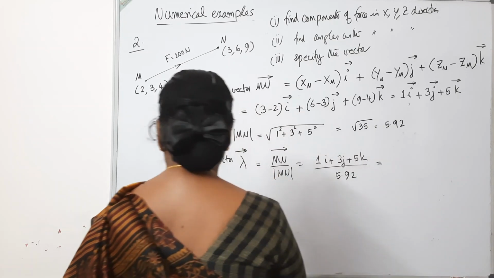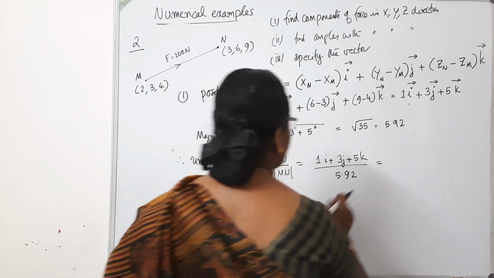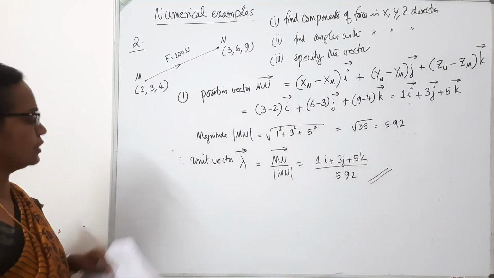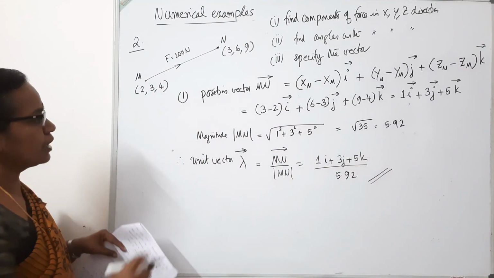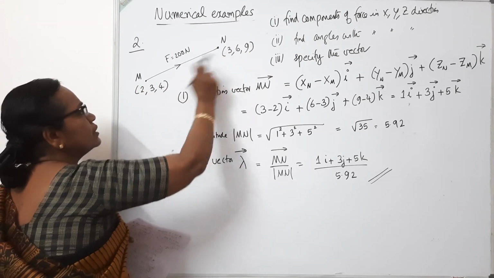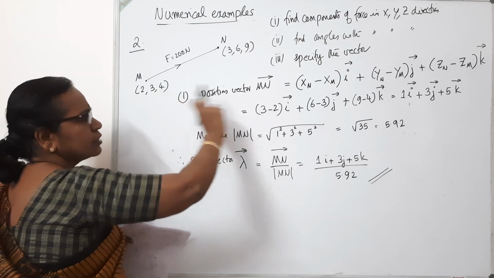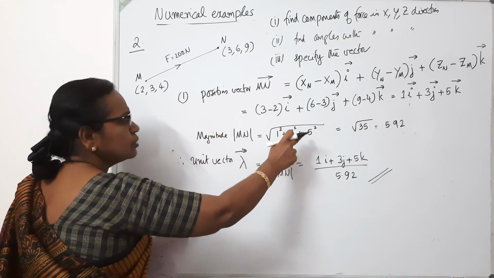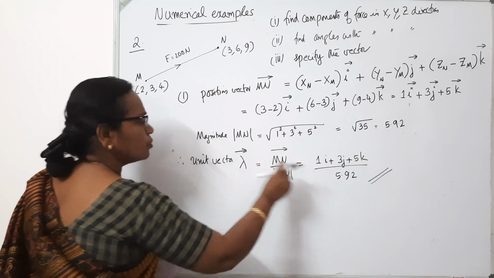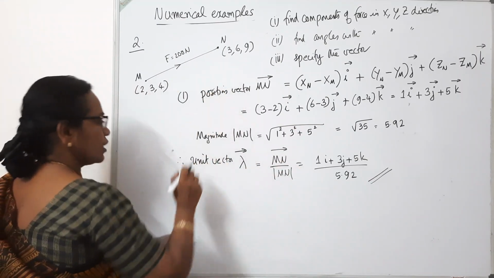So this is the unit vector lambda. We find out x2 minus x1 i, y2 minus y1 j, z2 minus z1 k. Find the magnitude. Then the vector divided by the magnitude will give you the unit vector in this direction.